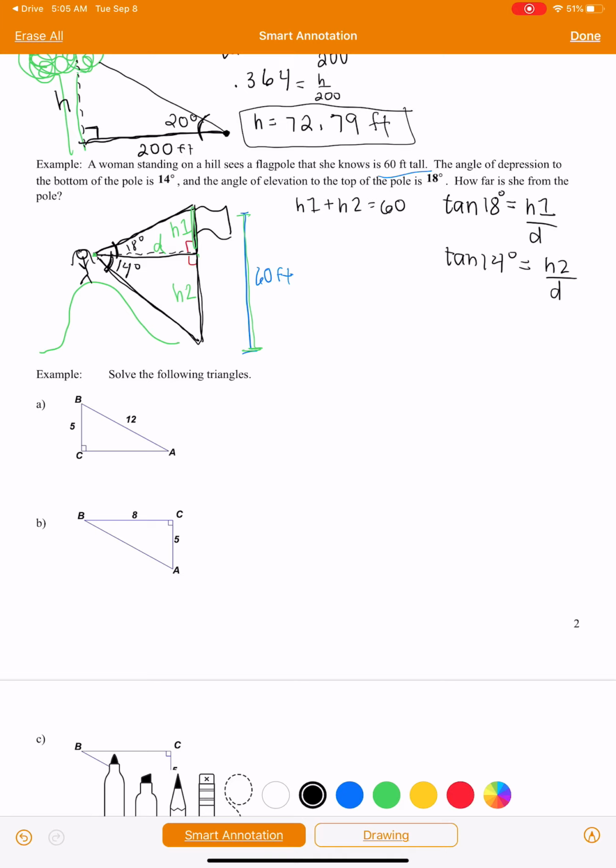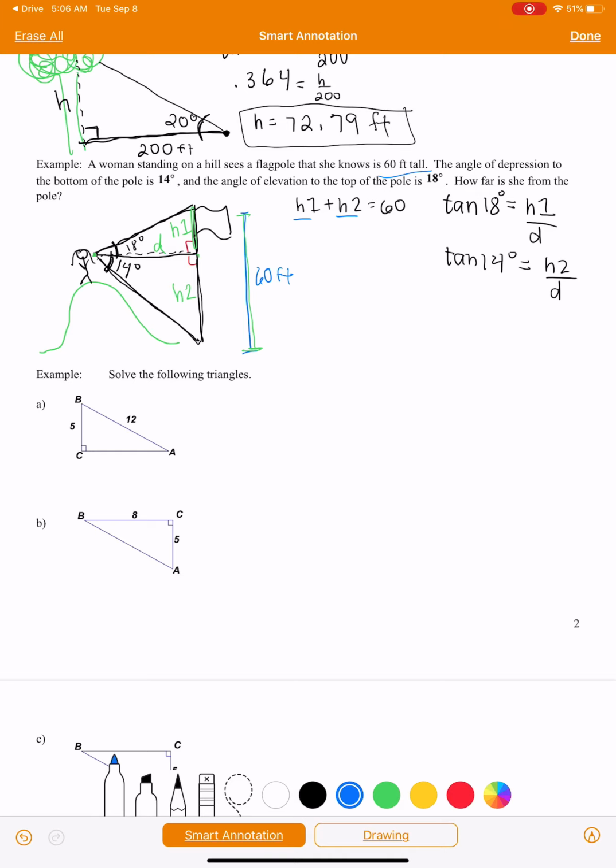Again, I know what height 1 plus height 2 is. So what if I could get these trig ratios to be equal to height 1 and height 2, so that I could add the two together, and then added together they would equal 60? Let me show you what I'm talking about.